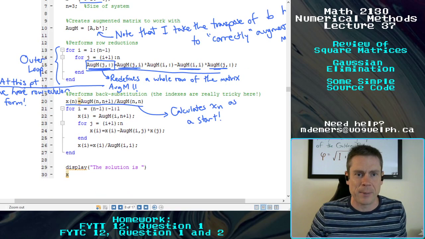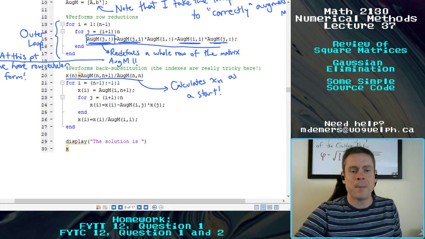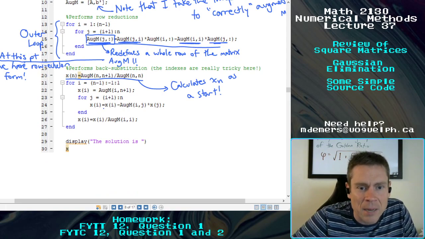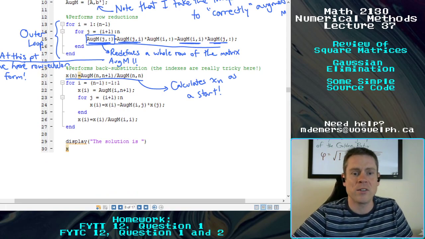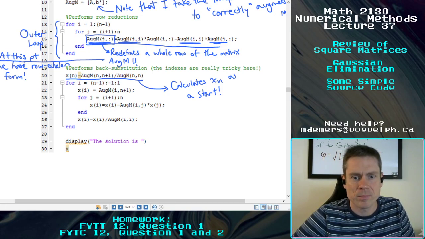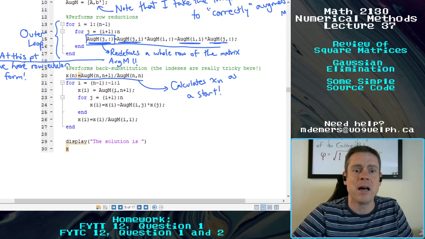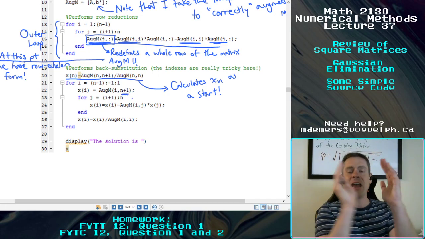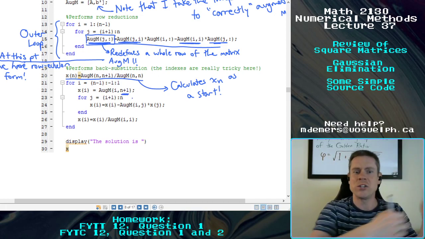So I'm going to zoom out a little bit more here, and then you'll notice that all of these we're taking basically a sum of the different quantities that we need here. The aug i, n plus 1 here is giving me the n plus first column, which is the b column.